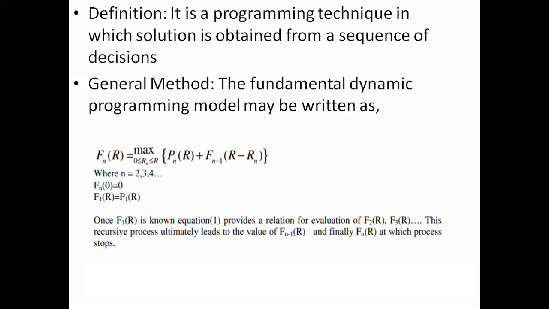So this is the recursive function in the process. If it is repeated, it ultimately leads to the value of Fn minus 1. So finally we can get Fn of R after completion of n steps.